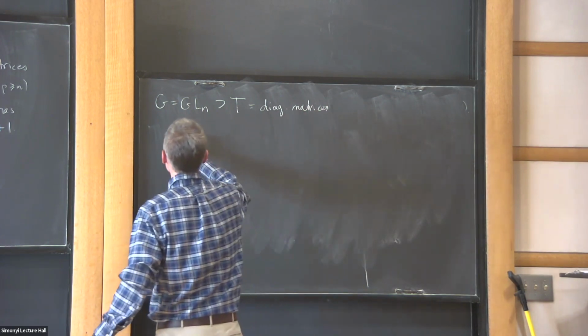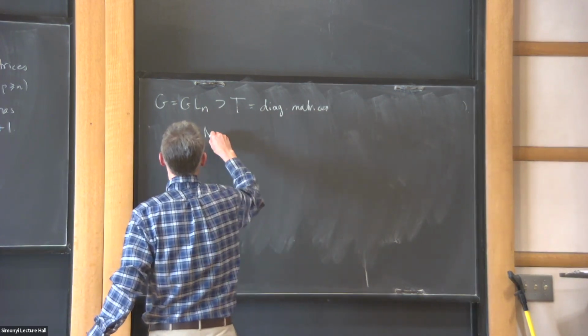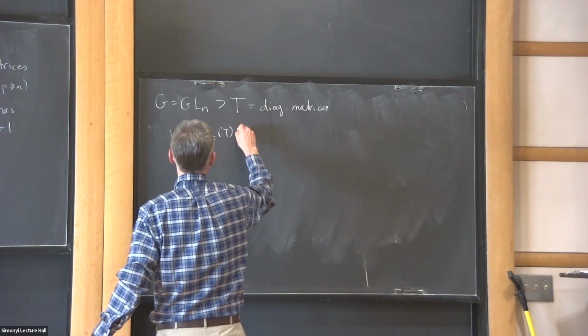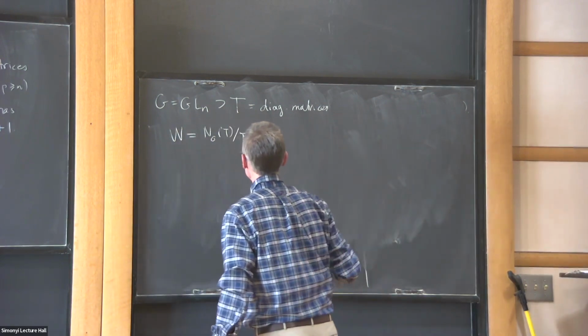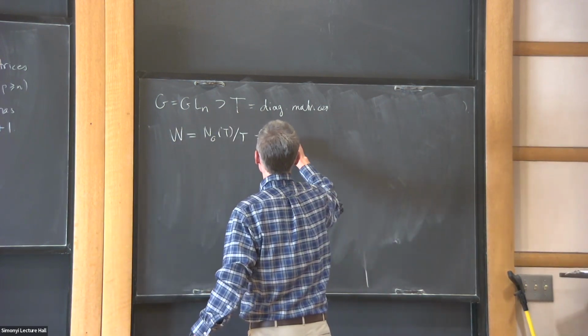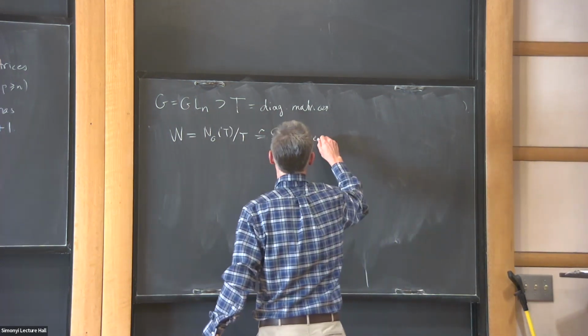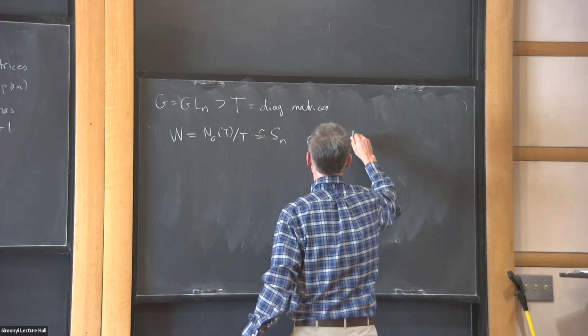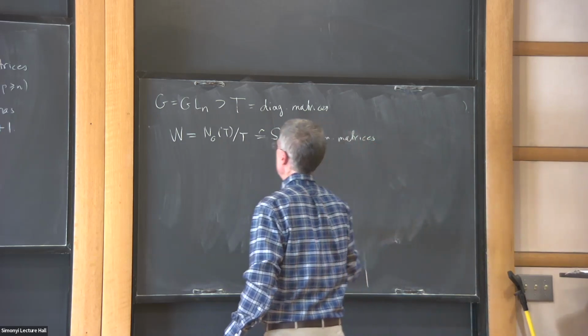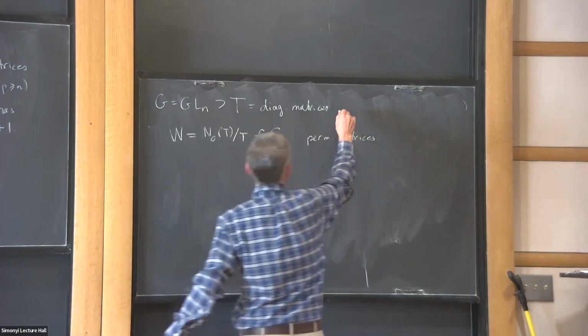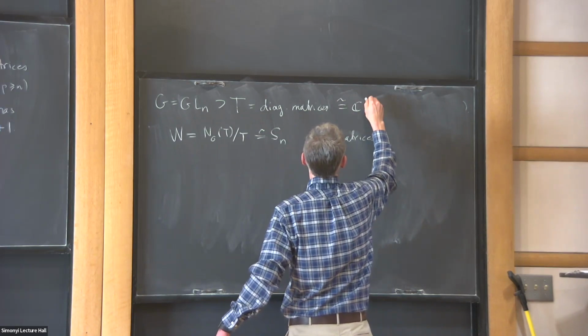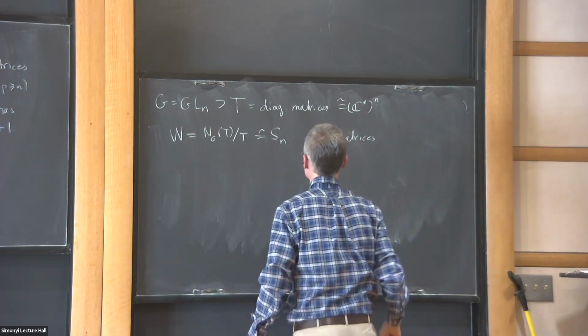It also has the Weyl group, which is the normalizer in G of T mod T. But we think of this as the symmetric group, corresponding to the permutation matrices in G. So T again is just C star to the N.